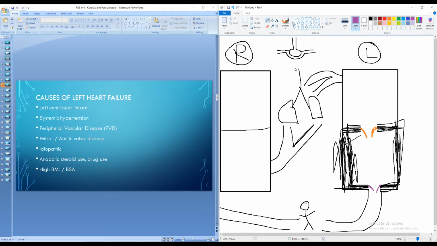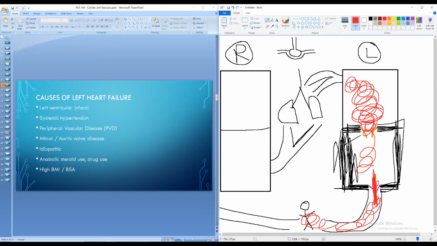Because remember, all of that congestion, all that backup is coming from out here. So whether the congestion comes from vascular disease, high BMI, something like that, whether it's the muscle itself that fails for all the reasons we described, if it's one of these valves that regurgitates, where blood just kind of scoots back and forth and doesn't actually move forward, or if that valve is narrowed and stenotic for whatever reason, blood just backs up behind the problem, behind the car crash.